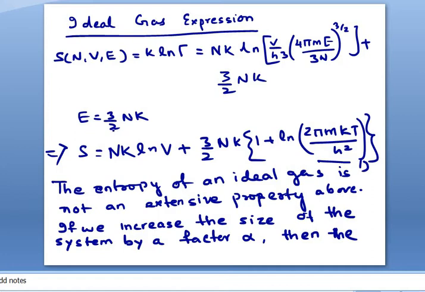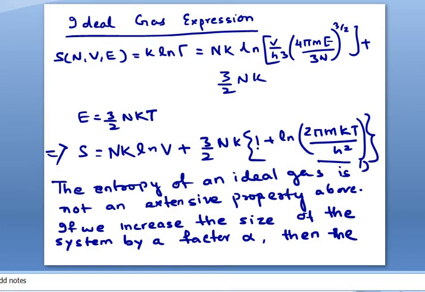And substitute for E, which we have done in the previous lecture: E is equal to 3/2 NkT. Substituting E equal to 3/2 NkT and separating V from this equation, we rewrite it as Nk ln V plus 3/2 Nk.